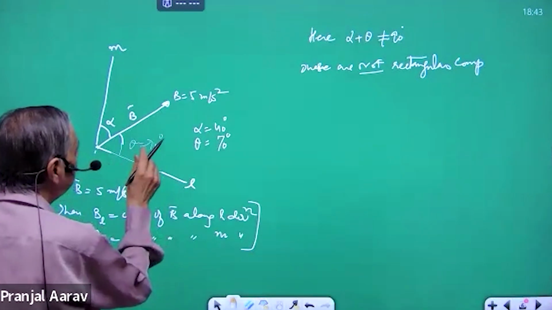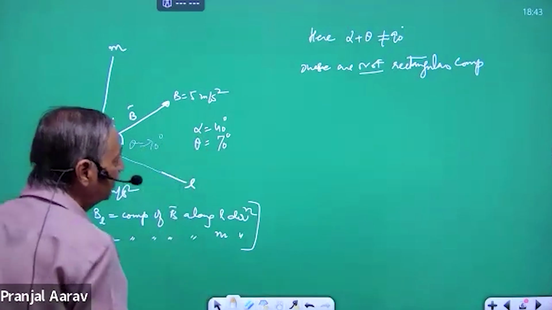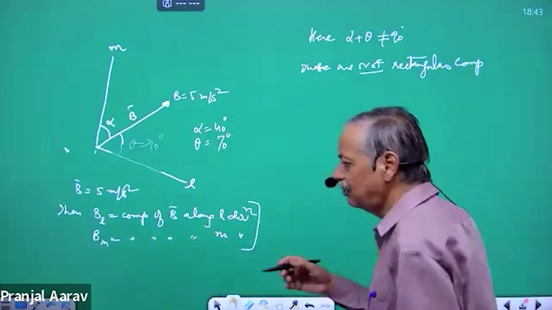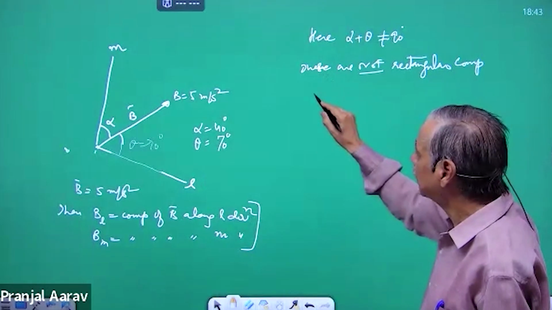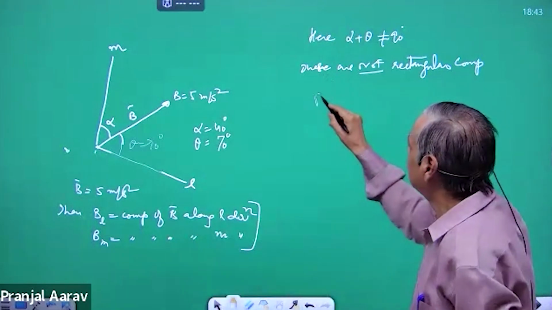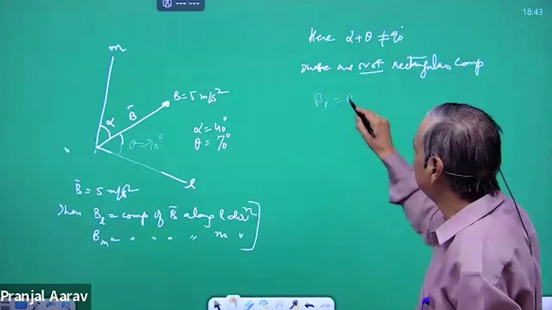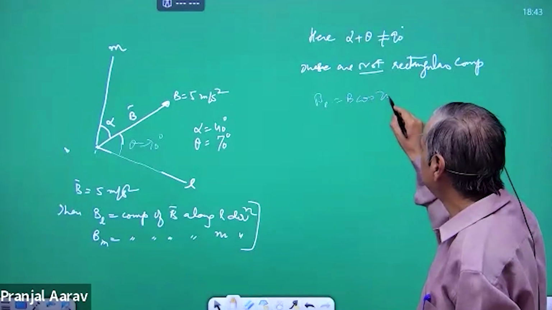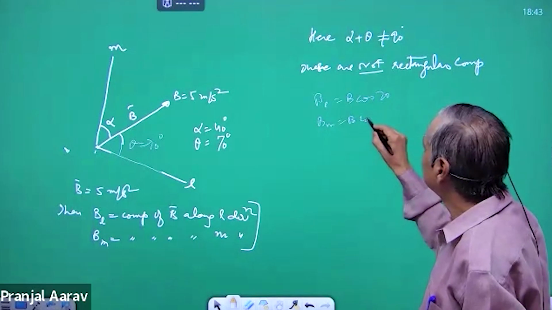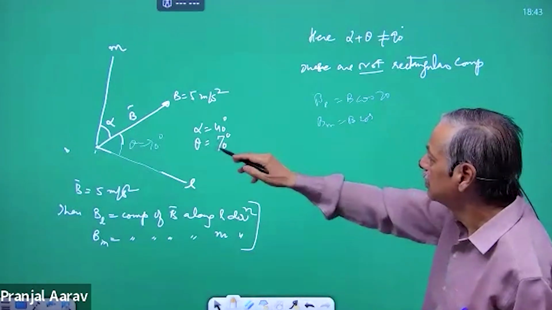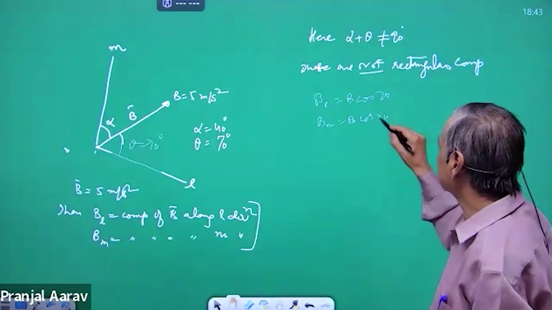Theta is 70 degrees. Then what? Still you can have components. The components will be BL equal to B cos 70 and BM equal to B cos 40. That's all.